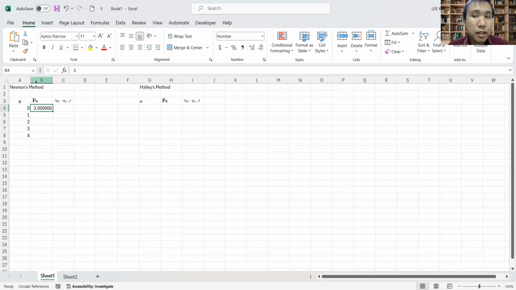P naught is situated at cell B4 of the Excel, and now we will solve it using Newton's method. We will type up a formula here. To type up a formula, we need to be considerate of the brackets. Brackets do play an important role in Excel.